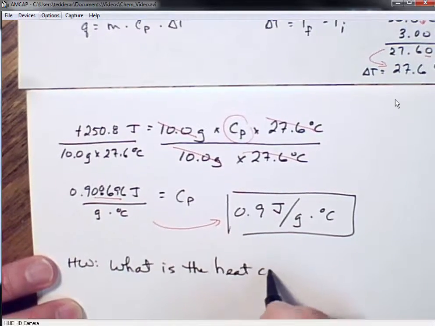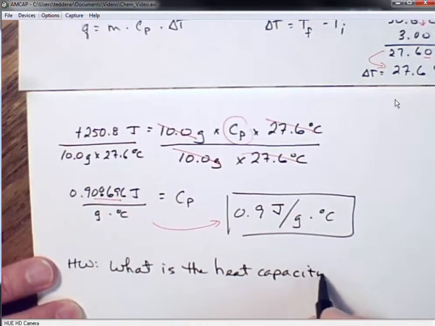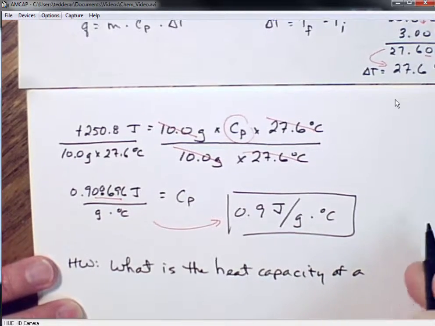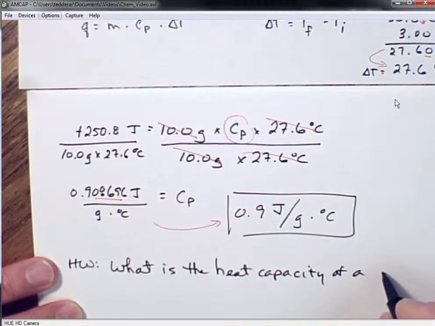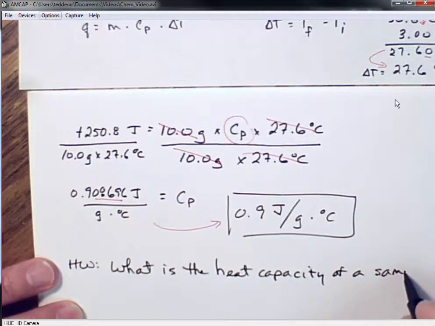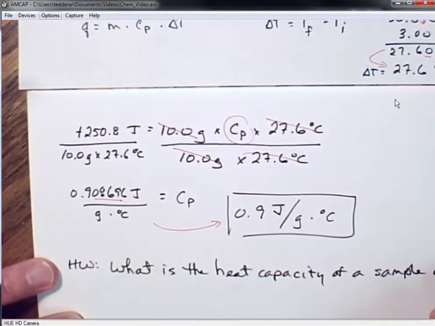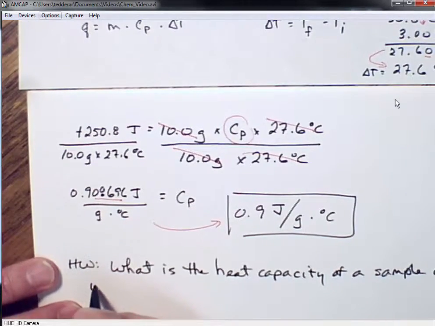What is the heat capacity of a sample of unknown substance?